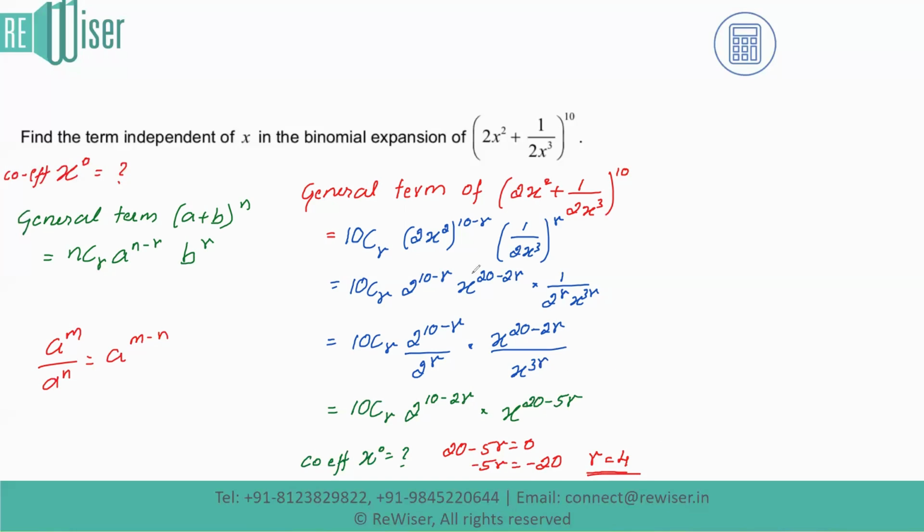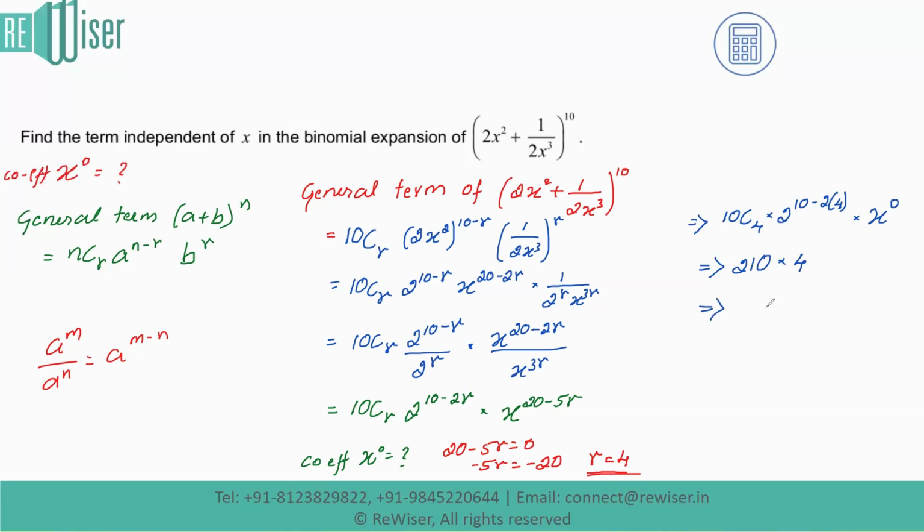Now if I substitute the value of r in this expression, I get 10C4 times 2 to the power of 10 minus 2 multiplied by 4, multiplied by x to the power of 0, which is just 1. Using the calculator, 10C4 is 210, multiplied by 2 to the power of 10 minus 8, which is just 4.